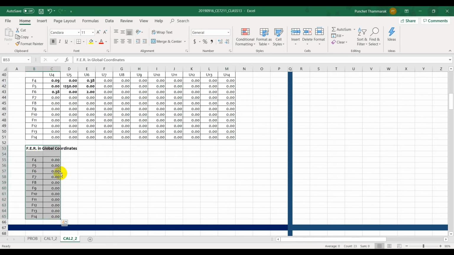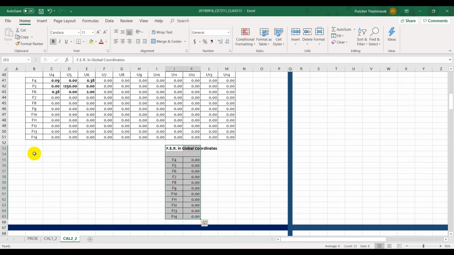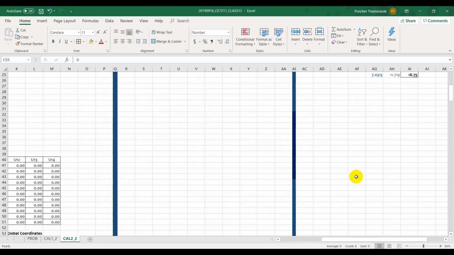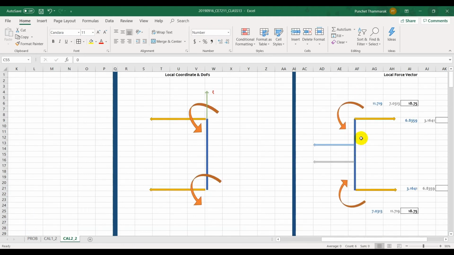Let me move things around a little bit. So in local coordinate, you're gonna have F1, 2, 3, 4, 5, 6. So start with the first one.